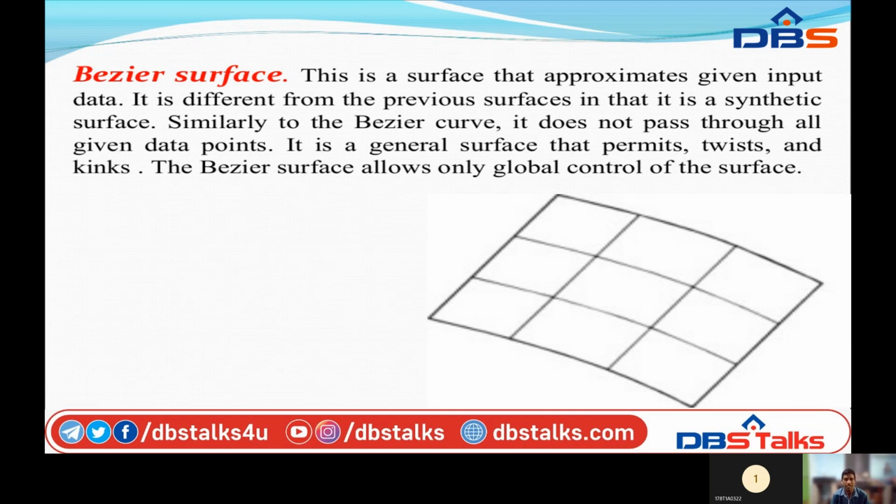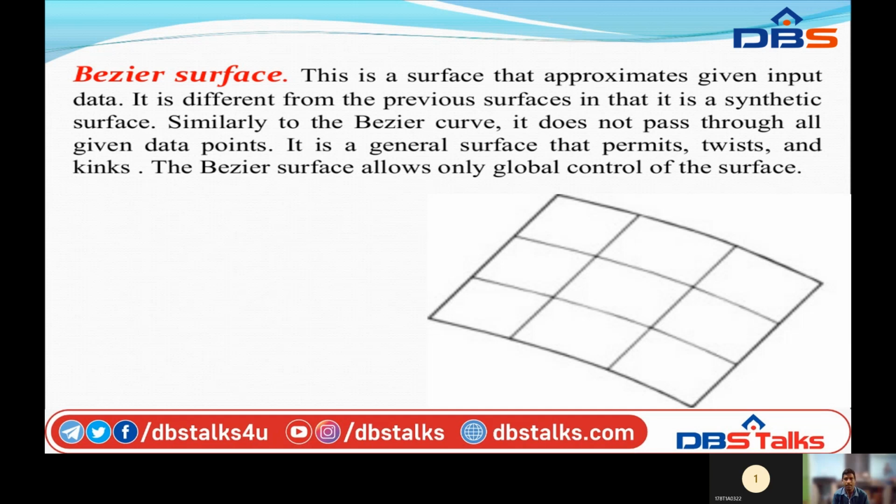Here, first of all, the Bezier surface. This surface can be generated by taking linear curves. It is a surface that approximates the given input data. It does not pass through all the given data points. First of all, I am taking input data through linear lines.